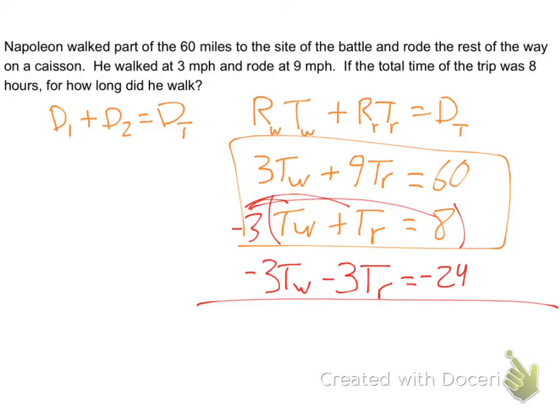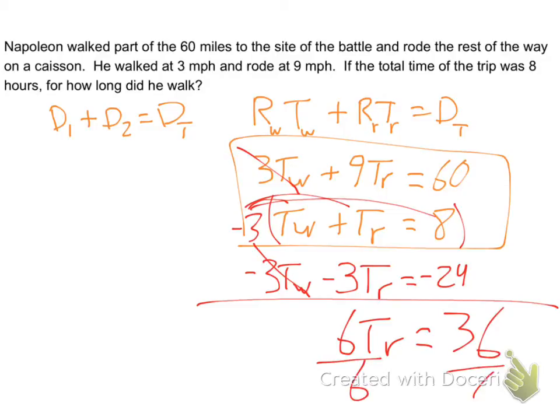And putting those two together, 3TW minus 3TW is 0, and 9TR minus 3TR is 6TR. And what's 60 minus 24? 36.